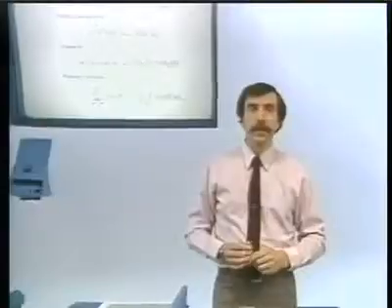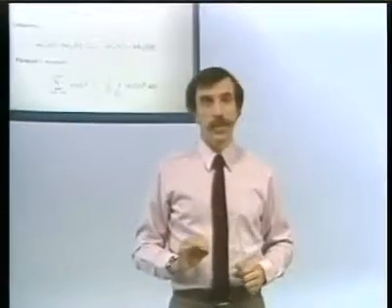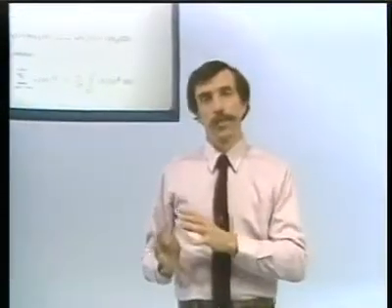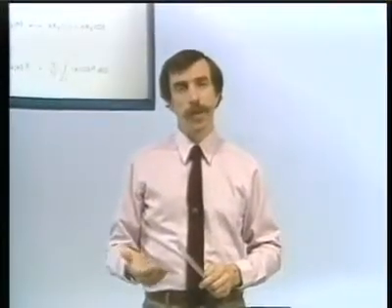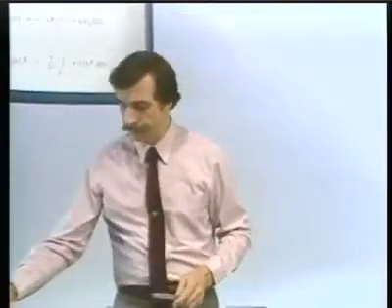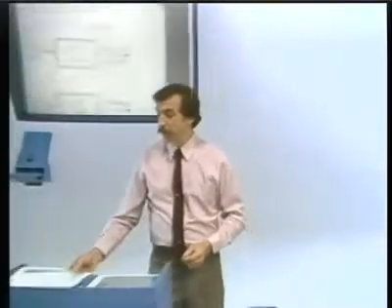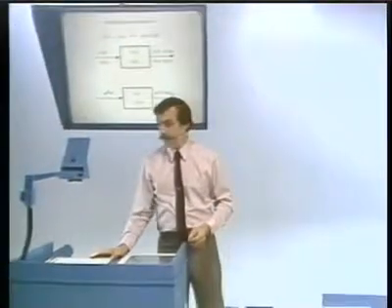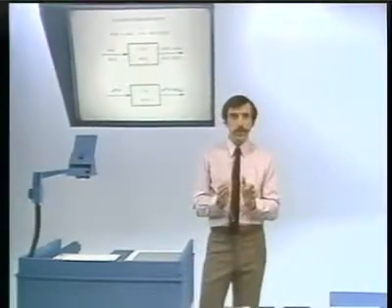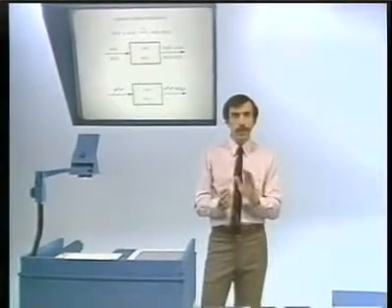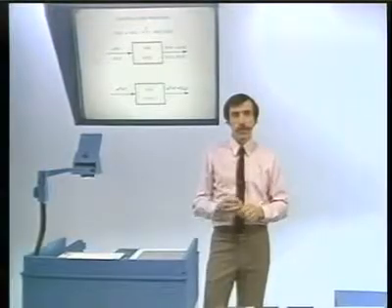Two additional properties that will play important roles in discrete time just as they did in continuous time are the convolution property and the modulation property. The convolution property is the property that tells us how to relate the Fourier transform of the convolution of two sequences to the Fourier transforms of the individual sequences.